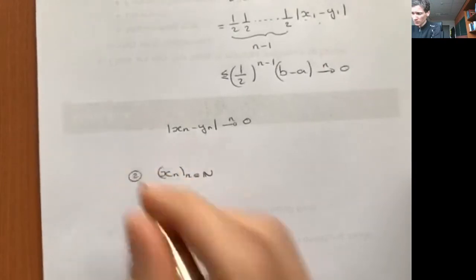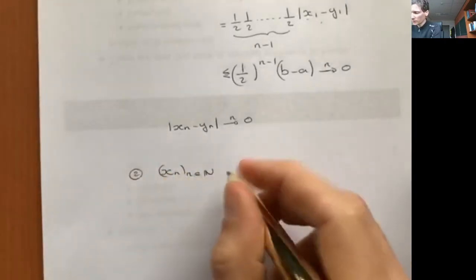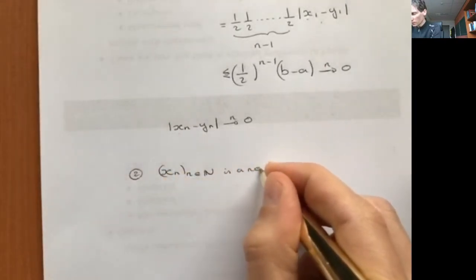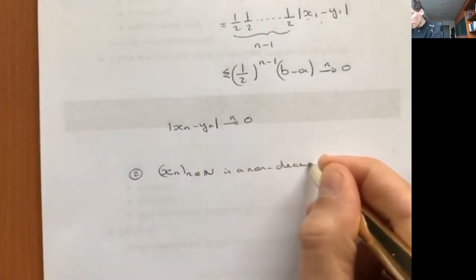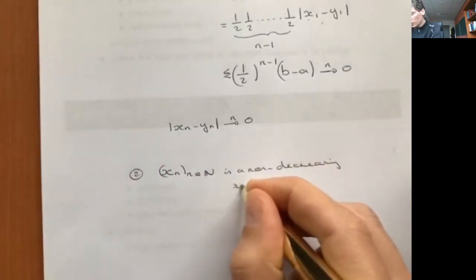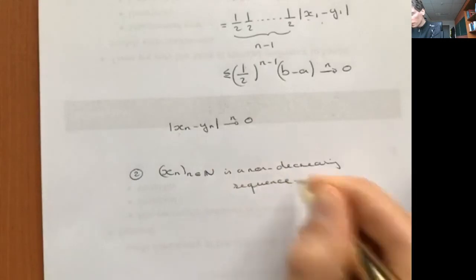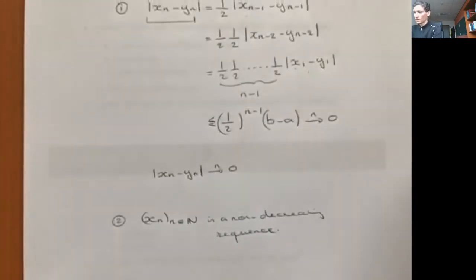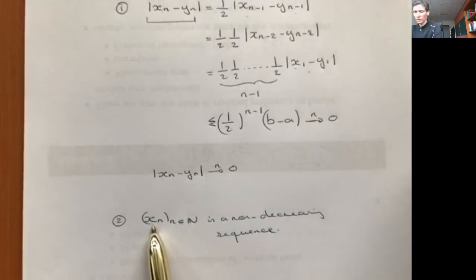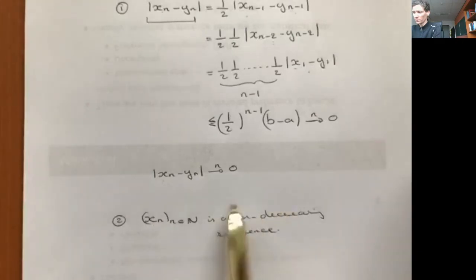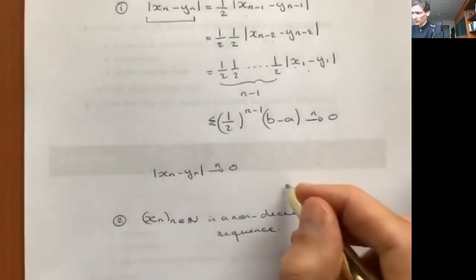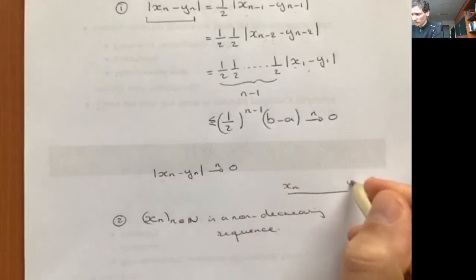Good. Now, this is the first thing that you notice. Next, what we notice is that xn is a non-decreasing sequence. Each time xn is either updated to its previous value, and then it's constant, or it's updated to the intermediate value between xn and yn.